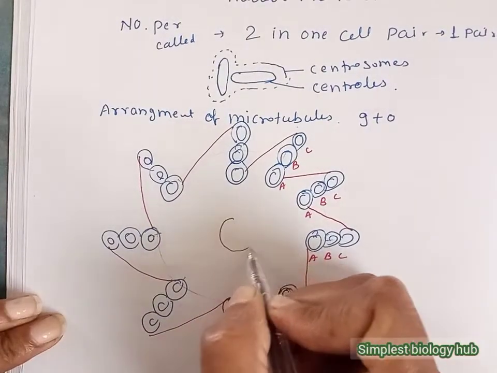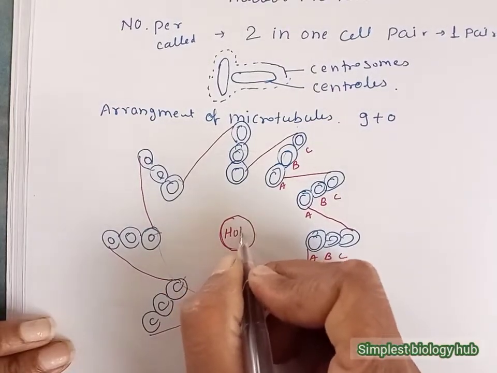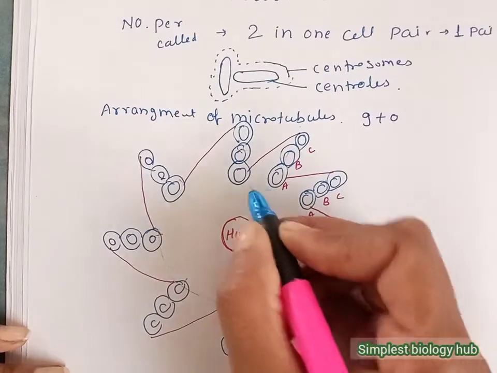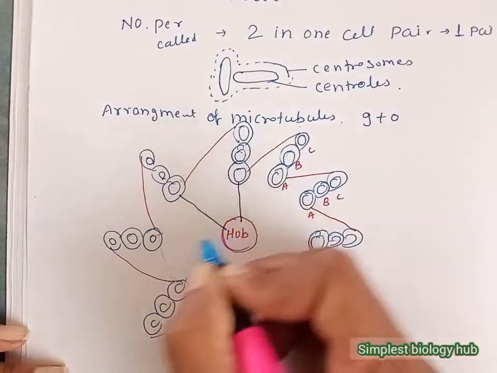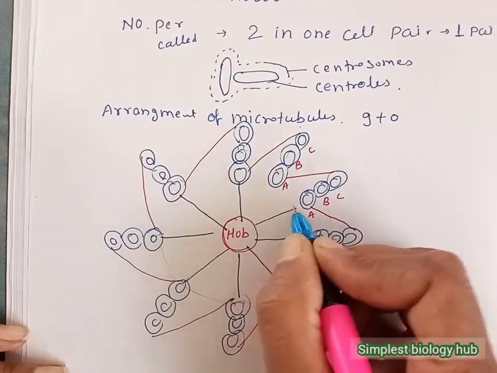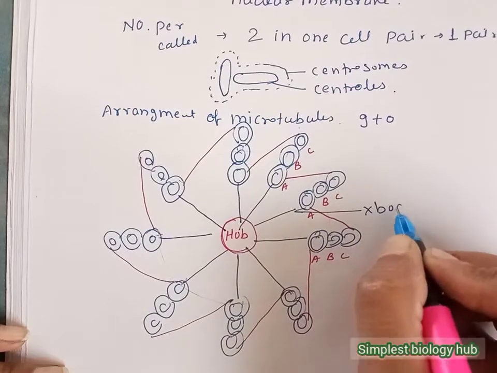In the middle of it, a solid protein structure is present, and that solid protein structure we called hub. And the A microtubular part is also attached to that hub part. In this pattern, the attachment of the A microtubule part with the hub we called X body.